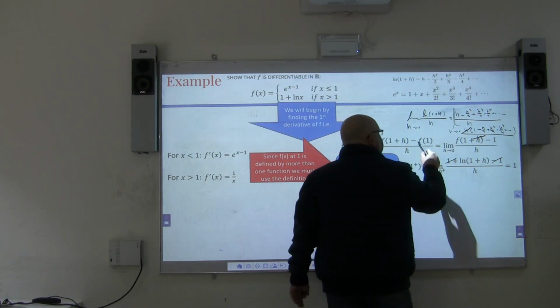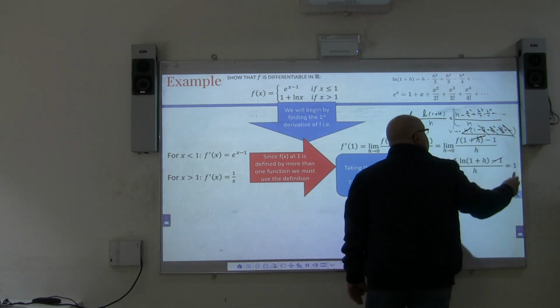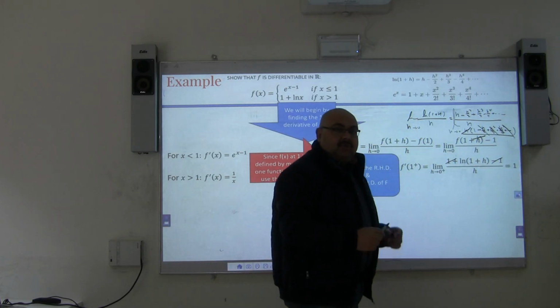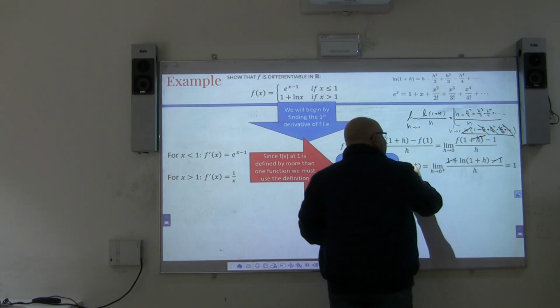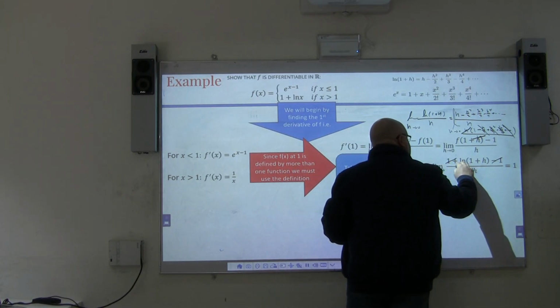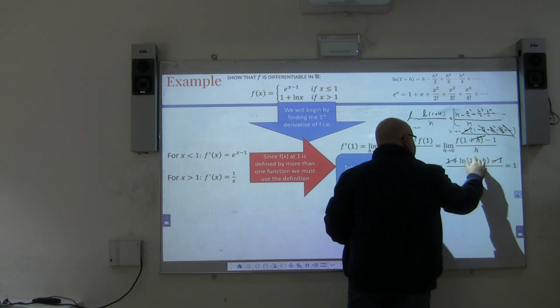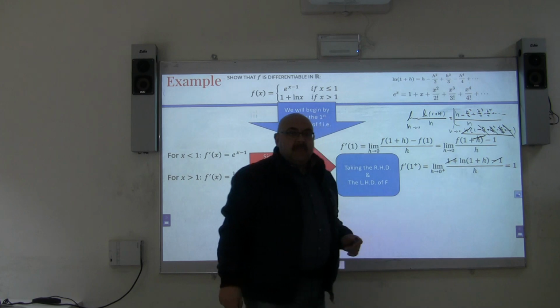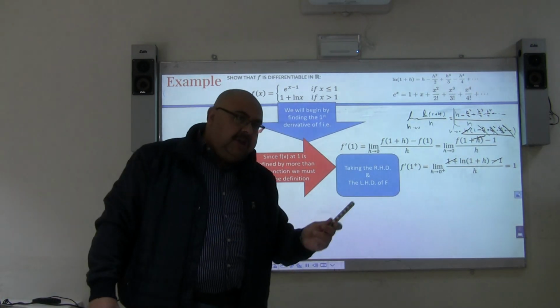And since the limit is as h tends to 0, all of these other terms also vanish, and so the limit will equal positive 1. This is why the limit of 1 plus ln of 1 plus h minus 1, over h, when you cancel and simplify, is going to equal 1. Remark: this is half of my limit, because I will have to continue.